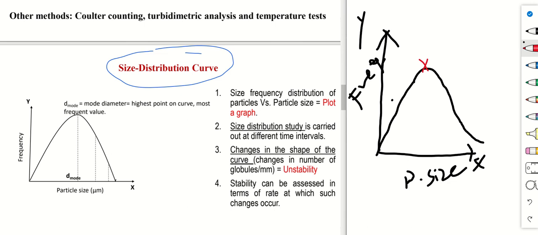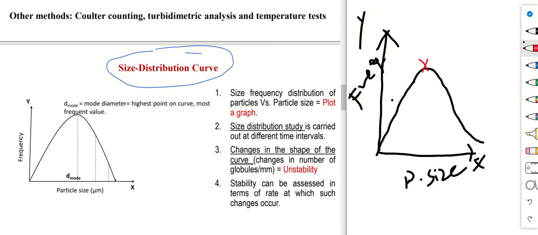For example, soon after we formulate an emulsion, on day 1, we'll do the size distribution curve analysis. Now, keep this emulsion aside for a span of 30 days, and at the end of the 30th day, do the same size distribution curve analysis, and we'll be able to see a curve.